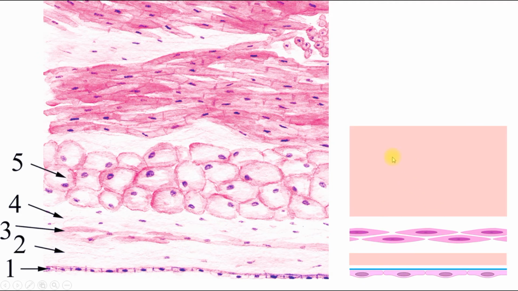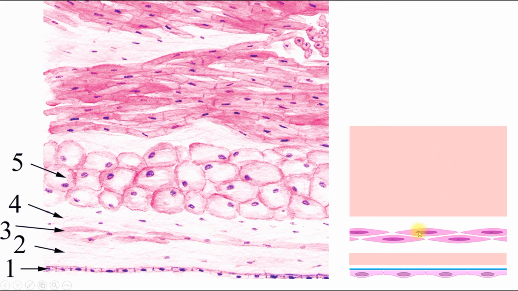This structure reminds us of a muscular vein with poor development of muscles. Here we can see endothelium, a thin layer of connective tissue which is like a subendothelial layer. This layer of smooth myocytes reminds us of tunica media of vein, and also we have a layer of loose connective tissue which is like tunica adventitia of vein.